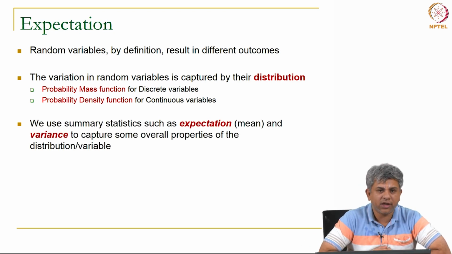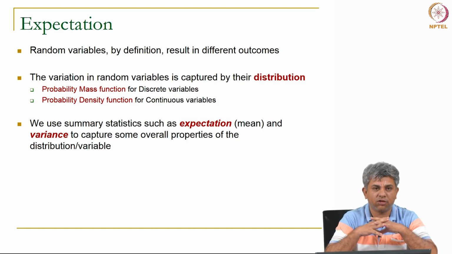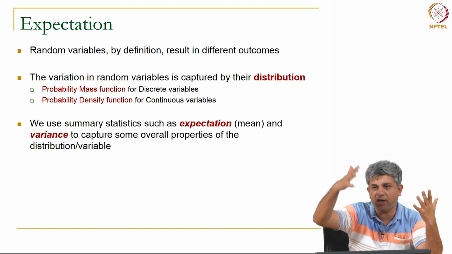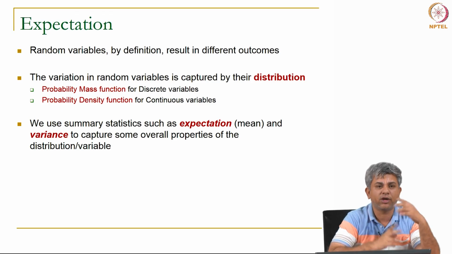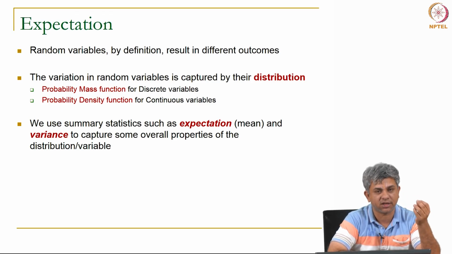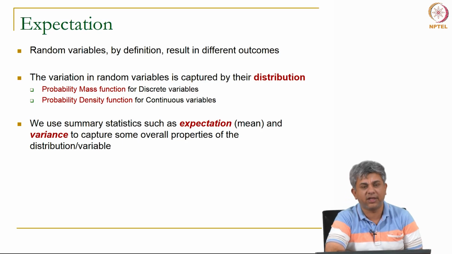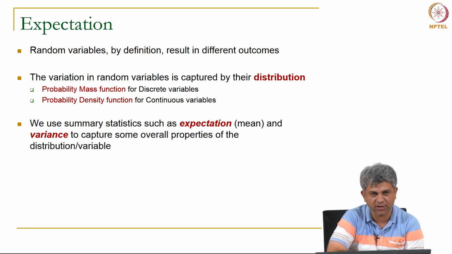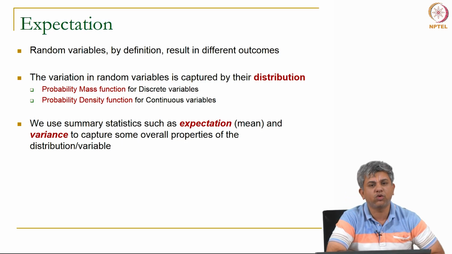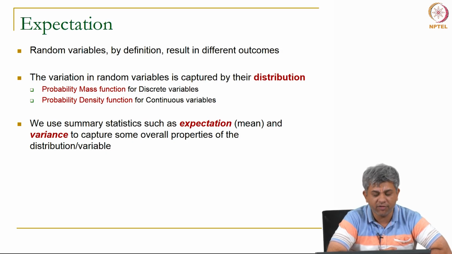Now, once you are given the distribution, we start using some overall ideas. A random variable has a large number of values, but you want to give some summary statistics, some qualitative and quantitative picture of what the random variable is doing. The most common ones that we will be using, at least as far as this course is concerned, are two quantities called the expectation and the variance.